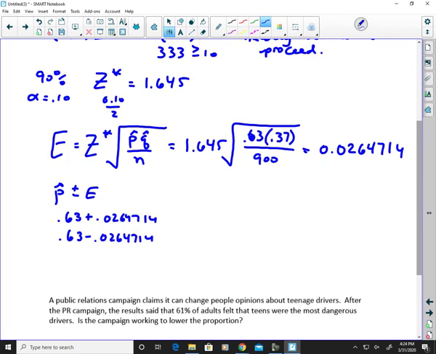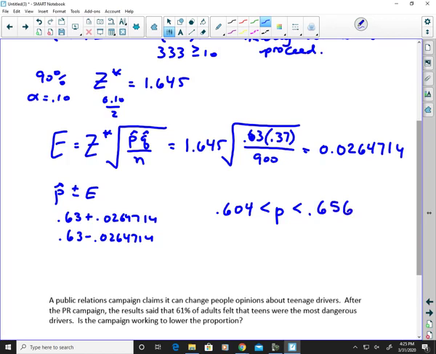Add my proportion: 0.604 with rounding, and then I subtract that and I get 0.656. Okay, so there's my window.